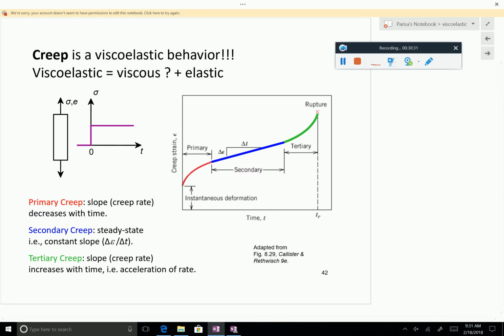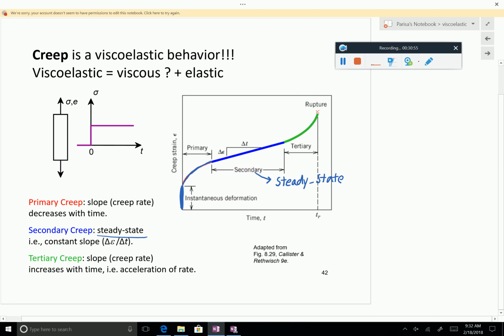First, we have this instantaneous strain, and then you have this primary, and then you have this secondary, which is sometimes also called steady state, because it's linear.